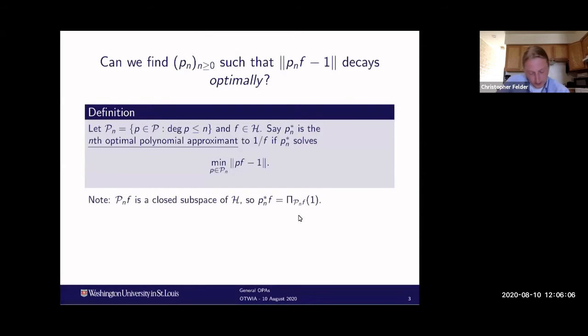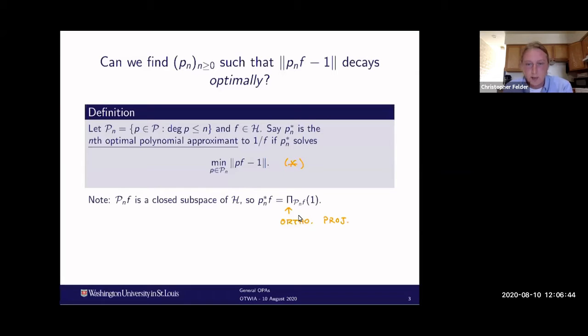The first thing we should note, though, is that Pn F is a closed subspace of H. If we call this minimization problem star, it is asking us for the nearest element to 1 that is a polynomial multiple of F. Since we're in a Hilbert space, this is just given by the orthogonal projection of 1 onto the subspace.